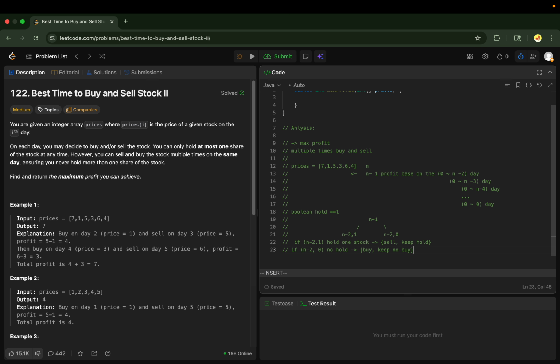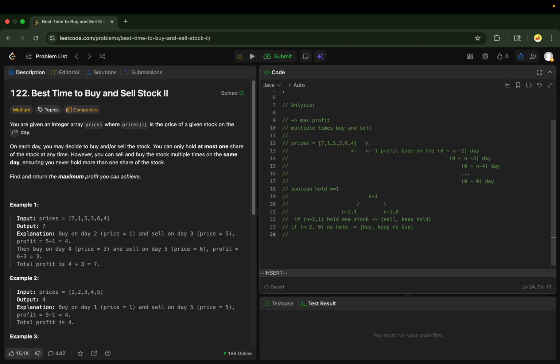So there are two situations, four cases in total, right? For this one, you can do nothing. For here, it's also do nothing.